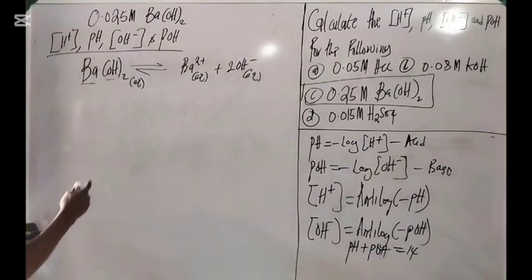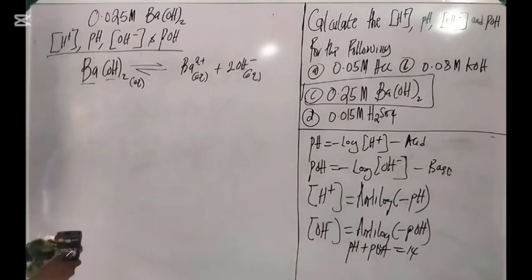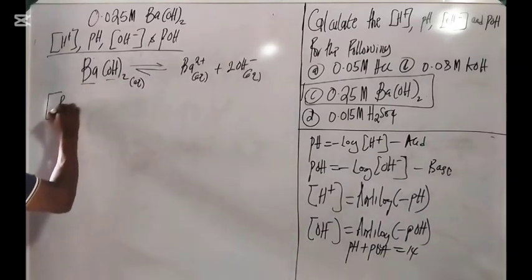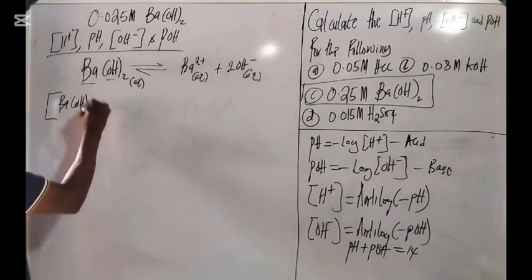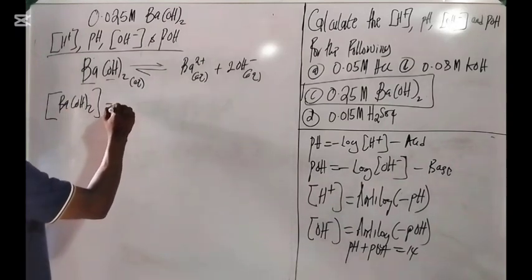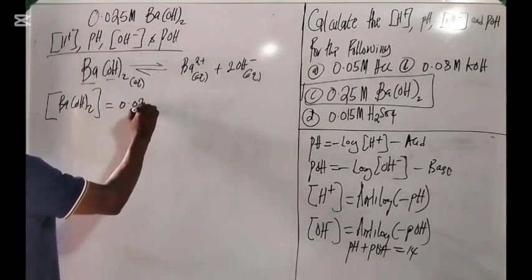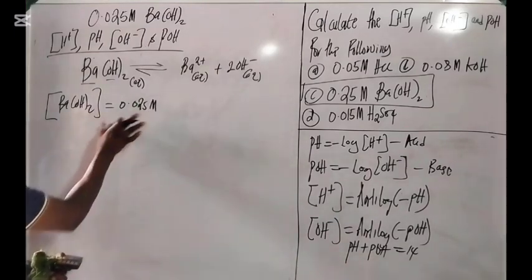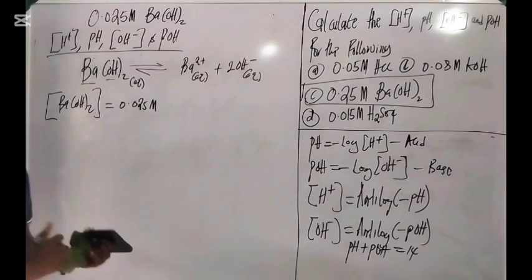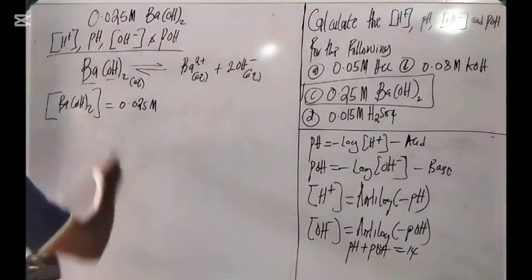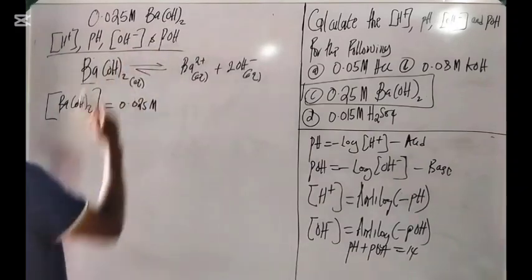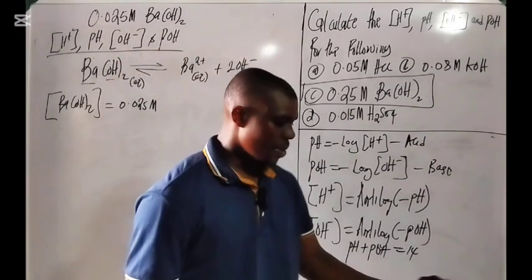Remember, in the question they gave us the concentration of barium hydroxide, which is Ba(OH)2 equals 0.025 molarity. Now let me ask you, what can we easily solve first?